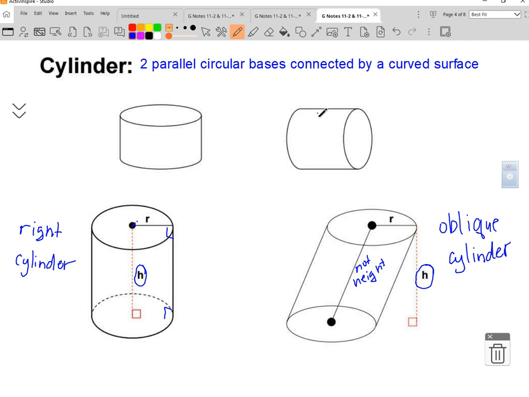Even if it's like, so this is the height, right? And this would be the radius. This is the height. That would be the radius, right? So perspective is one thing. If we go from here to here, it would look shorter, but that's just perspective of this drawing, right?